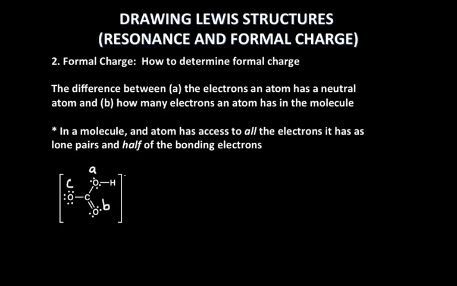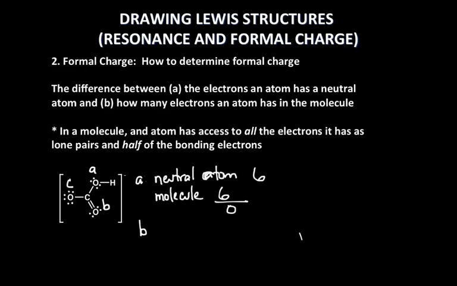So let's take oxygen atom A. As a neutral atom, oxygen's in group 6, so it has 6 electrons. In the molecule, it has 4 electrons from the 2 lone pairs, plus it has 2 single bonds. It gets 1 electron from each of those for a total of 6 electrons in the molecule, so it's got a formal charge of 0.